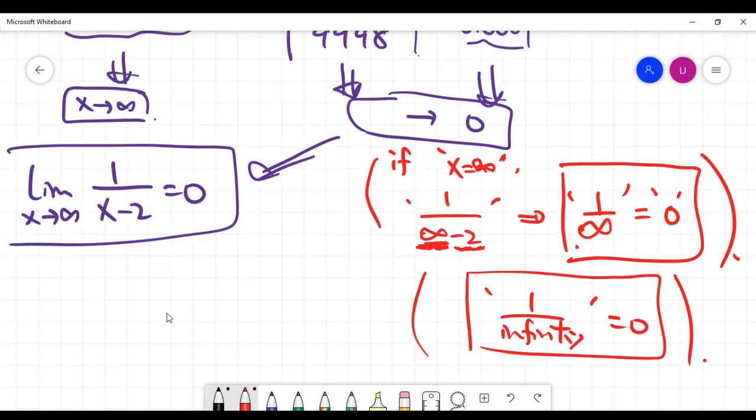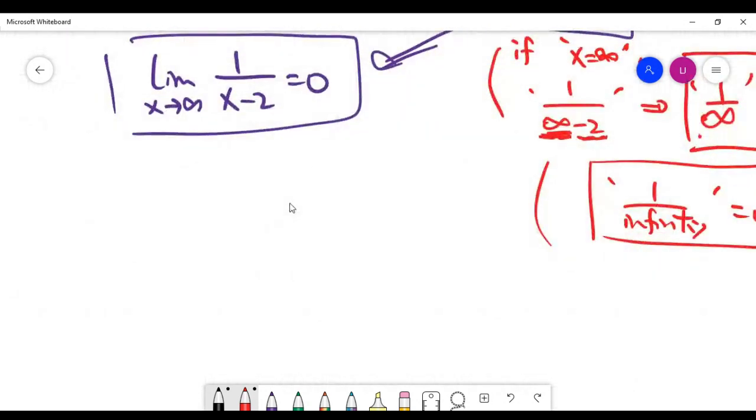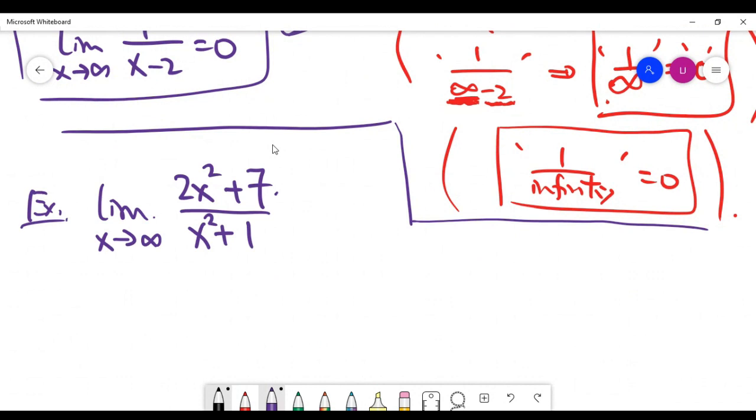So let's look at more examples. Let's look at the current problem. In this problem, we are looking at the fraction 2x squared plus 7 at the top and x squared plus 1 in the bottom as the denominator. I'm taking the limit as x goes to infinity. Let's check what's happening here, and I'll give you some hints.